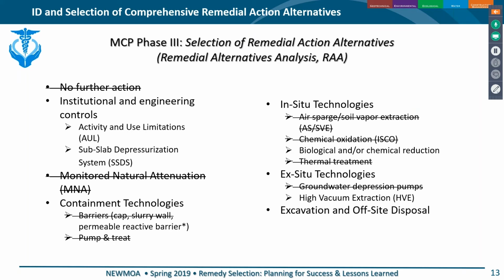And we also discarded the permeable reactive barrier initially because of the cost. However, we did end up employing it for the second phase of the remedy, and I'll talk to you about that later. The site soil is very silty, so pump and treat and air sparge, SVE, that was not going to be a particularly useful remedy. Same thing with ISCO in terms of cost.